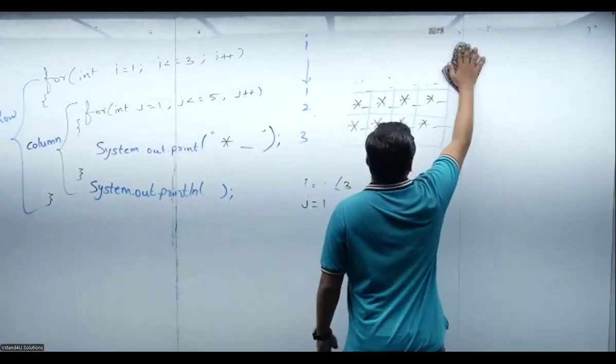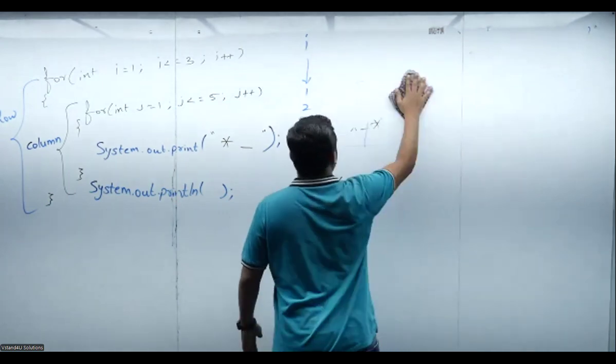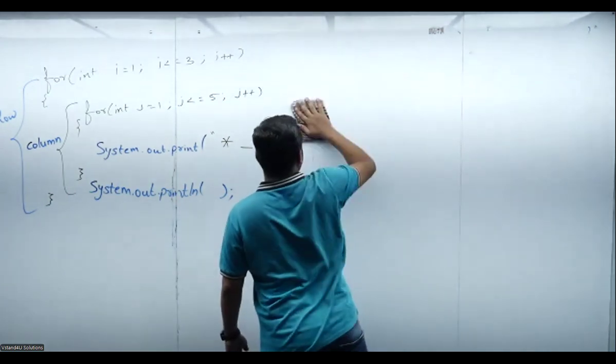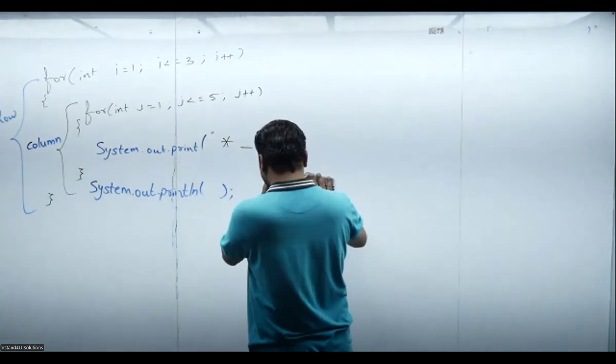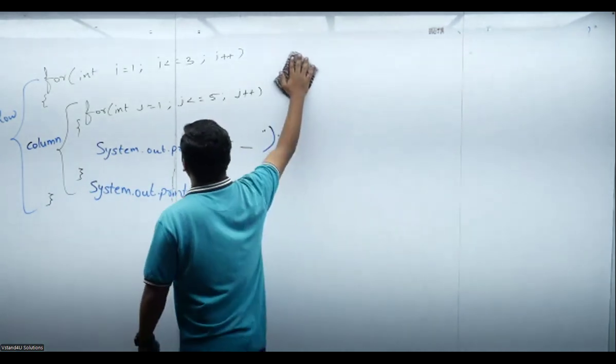Can I expect you to write the condition for 5 rows, 5 columns? Fatafat. Just the loop part. Everybody. 5 rows, 5 columns.